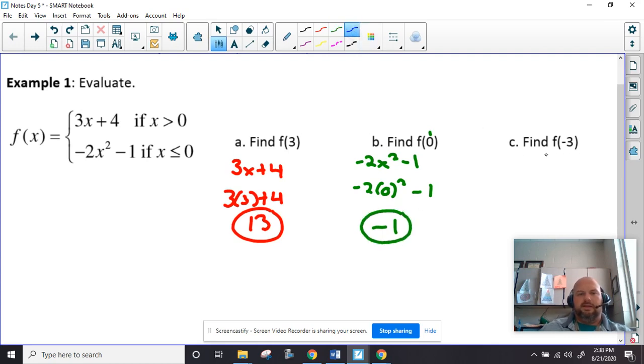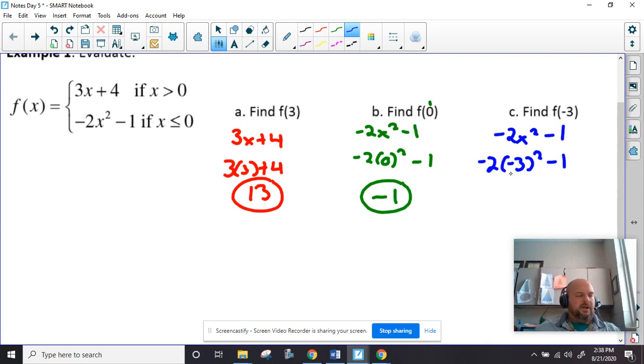And then f of -3, well, -3 is less than or equal to 0, so again, I'm going to use this one. Now, I will tell you this, on your calculator, if you do not use the parentheses right there, you're going to get the wrong answer, because it does by the order of operations. Okay, and this gives us -19.